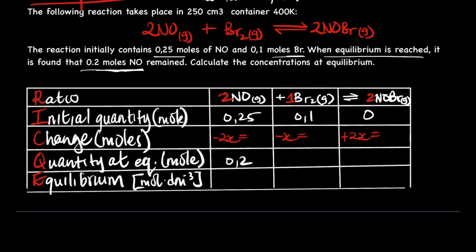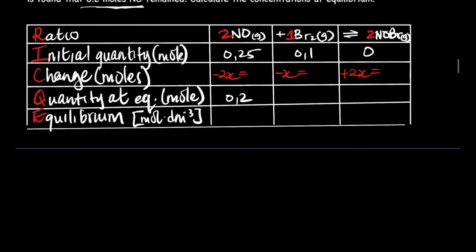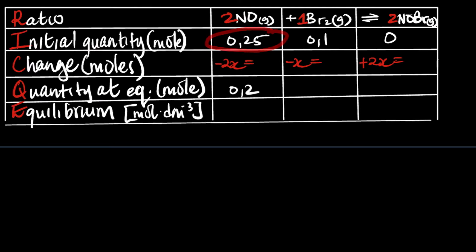In the reactants we always say what was there initially minus what is used equals what remained. So it's 0.25 minus 2x equal to 0.2.